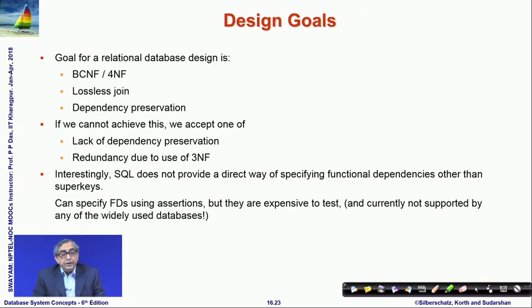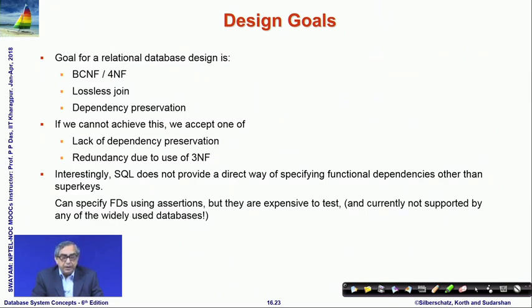Now, at this point you must note that SQL, the language in which we are doing the creation and the update and the query processing, does not provide any direct way of specifying or checking any dependency other than the functional dependency that checks the super key. Super key is the only functional dependency that SQL would check.